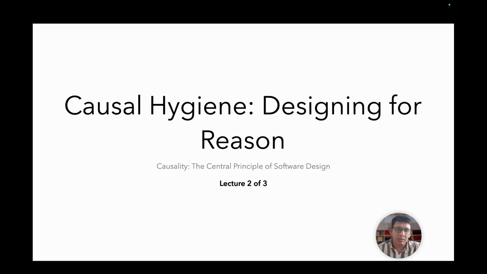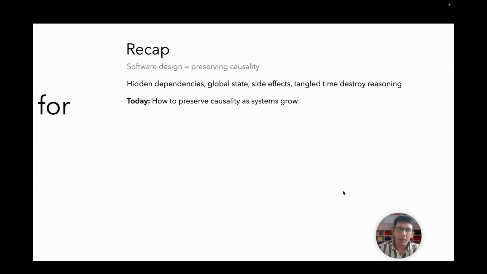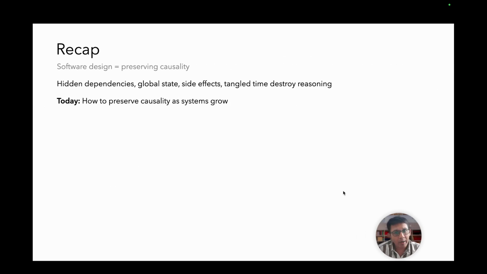Last time we established that software design is fundamentally about preserving causality. The ability to reason about how actions lead to consequences is what separates maintainable systems from unmaintainable ones. We diagnosed the problems: hidden dependencies, global state, implicit side effects, and tangled time all destroy our ability to reason locally.